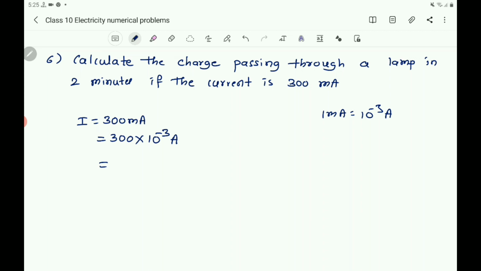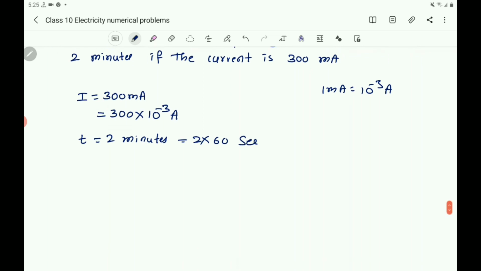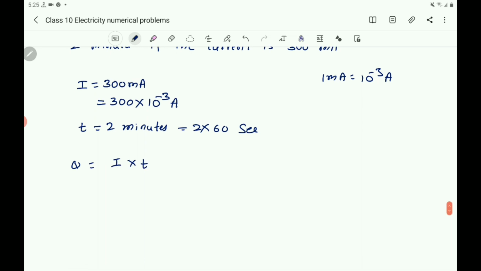Then write it as it is, and you write time here. Time is given. Time equals what? 2 minutes, that equals 2 into 60 seconds. Write the formula for Q. Q is equal to what? I into T. I is 300 into 10 power minus 3 into 2 into 60.